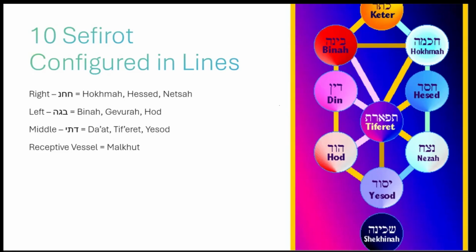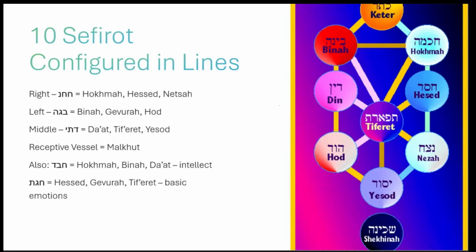Another way of divvying up the Sefirot is into three triangles, three segels. We have Chabad: Chochmah, Bina, Da'at, which are the intellectual Sefirot. We have Chagat, which is Chesed, Gevurah, Tiferet, the basic emotions, the primary emotions. You think of the primary colors. And then Netzach, Hod, Yisod are applied emotions.